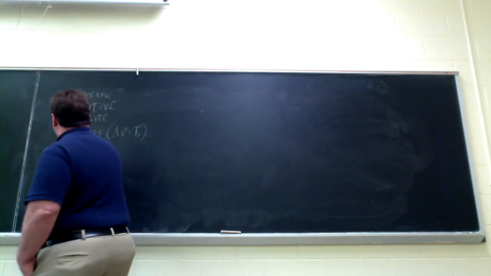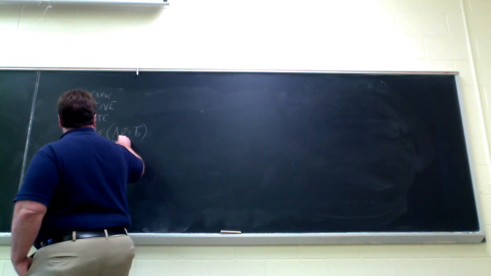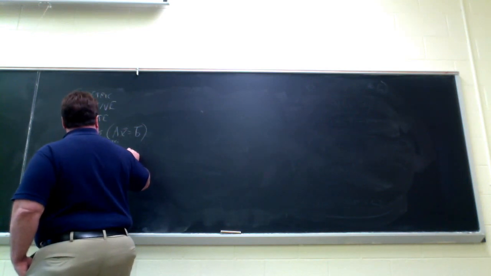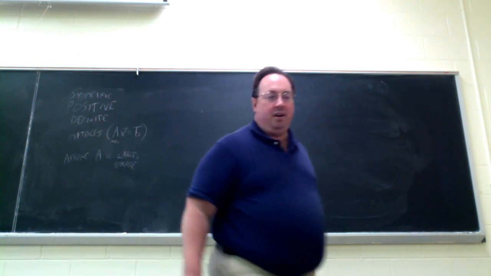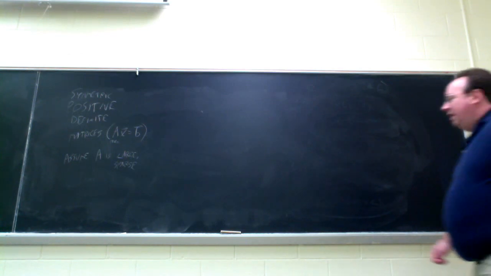I'm also going to make some assumptions. Besides the fact that A is symmetric, positive definite, and of course n by n, we'll assume that A is a large matrix. Also, we're going to assume that it's sparse, so most of the entries are 0.